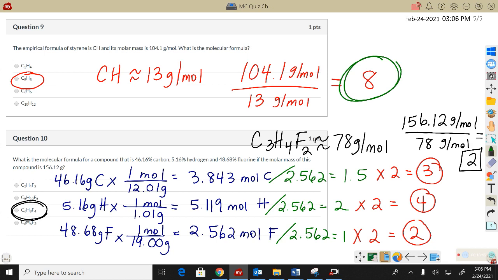Again, that has to be given to us. So you divide the larger molecular mass by the little empirical mass, and you should get a whole number multiplier. I got a 2, which then means that I should double the ratio. So instead of the ratio being 3:4:2, we get C6H8F4.